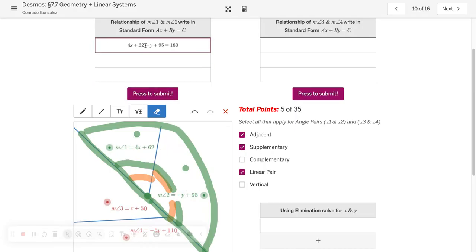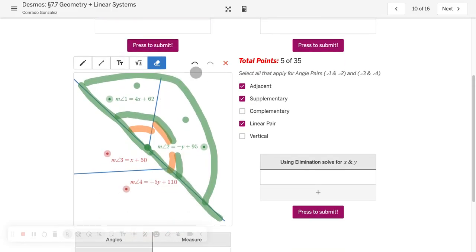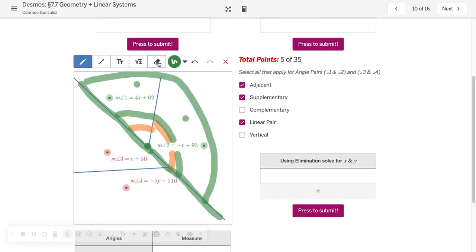Yes, you're adding them, but it is a negative y, so it's just negative y. You might be confused: why are you adding them and putting negative y? Well, because I'm adding that whole expression. Then collect like terms.